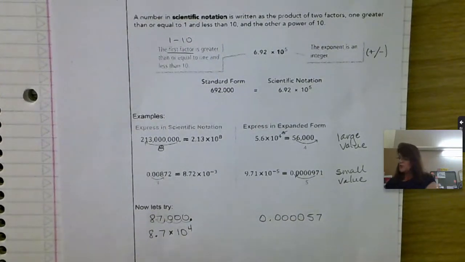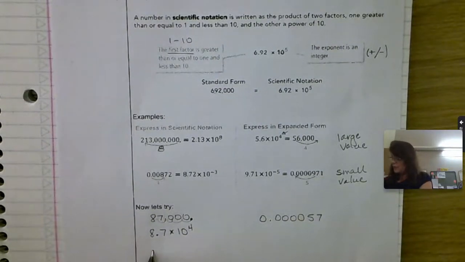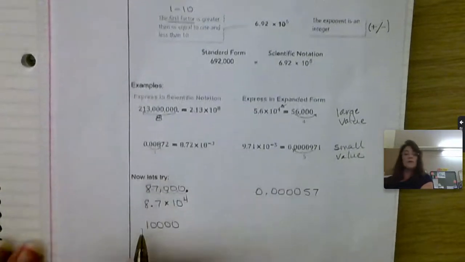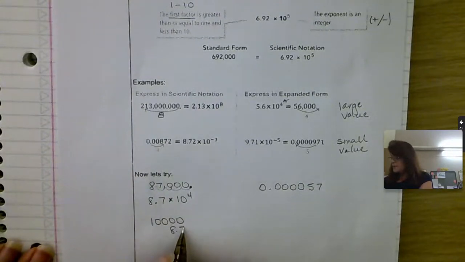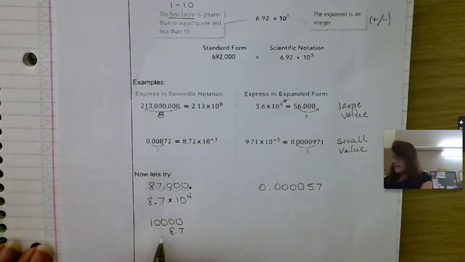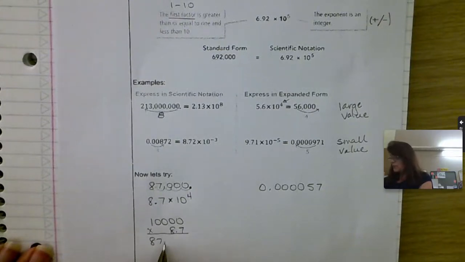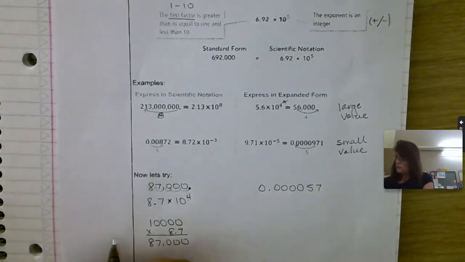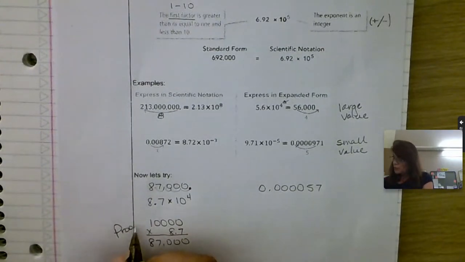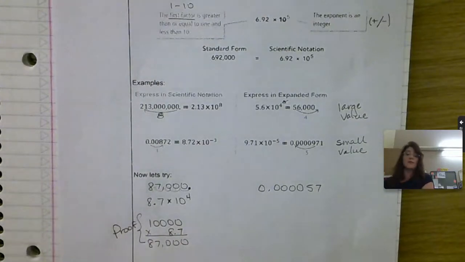Now, how can I prove that's true? Well, 10 to the fourth power is right here. 8.7, if I multiply those, I get the same number. So this is your proof. This is why that works.